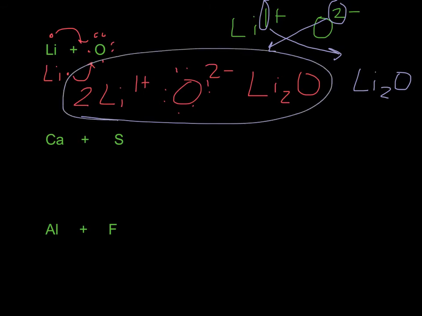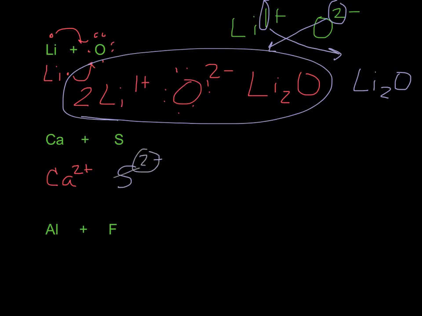So for calcium, we're going to do the same thing. So if I want to add calcium and sulfur together, I'm going to say my calcium, and it's a 2+, and then to this I'm going to add my sulfur, which is a 2-.